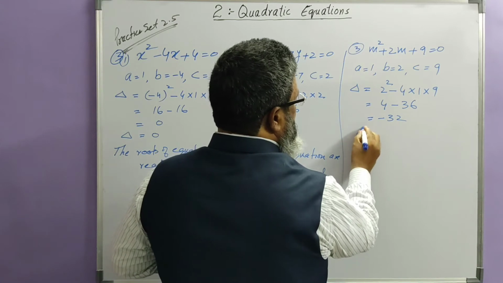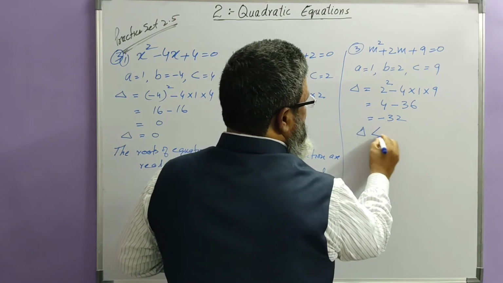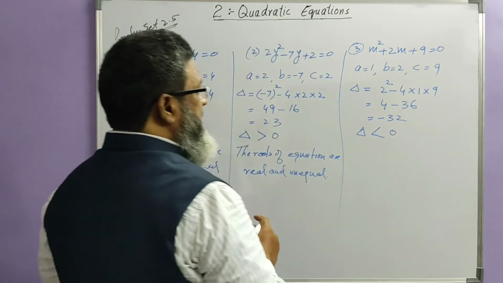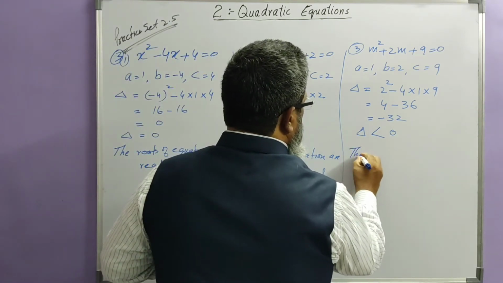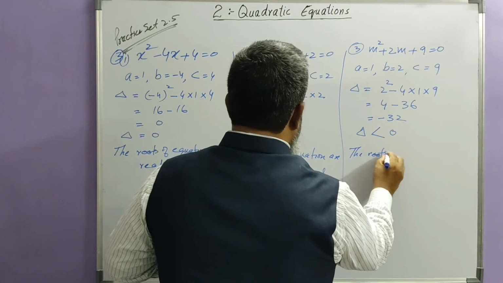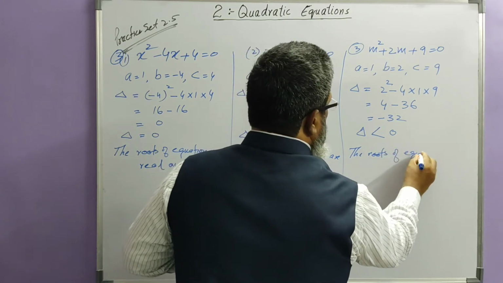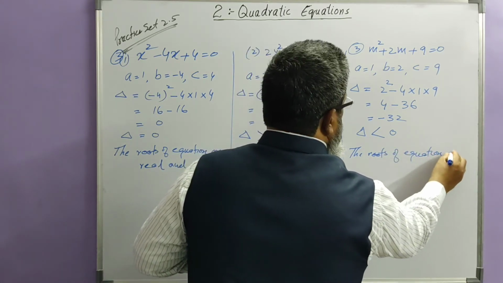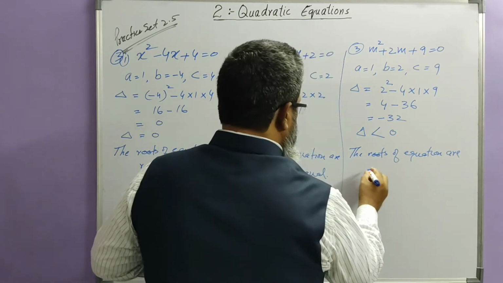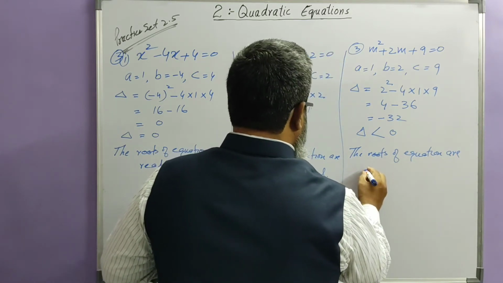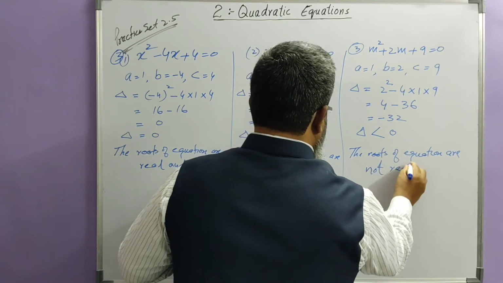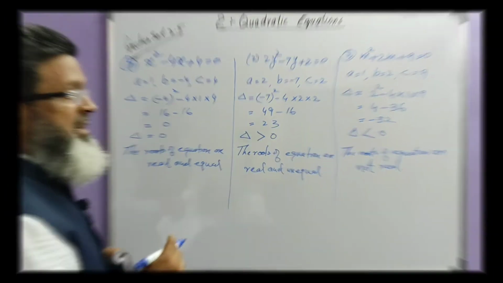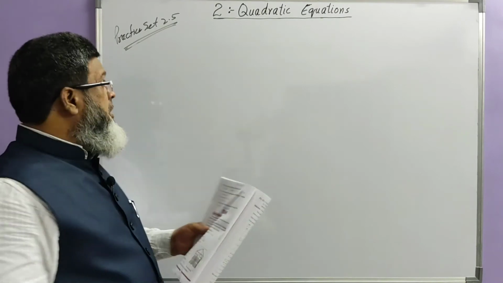Means delta is less than 0. Now when delta is less than 0, then the roots of the equation are not real.